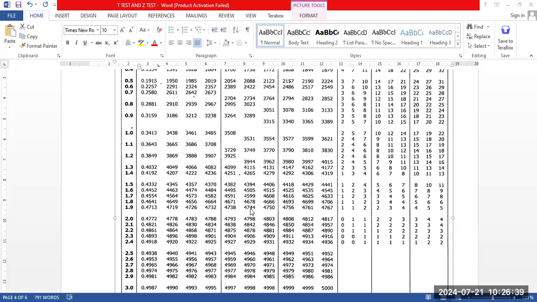This is 4744. If I add 5, I will have 4749. Then if I round, it becomes 475.